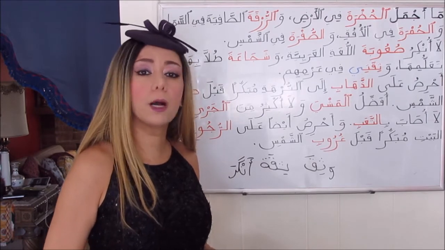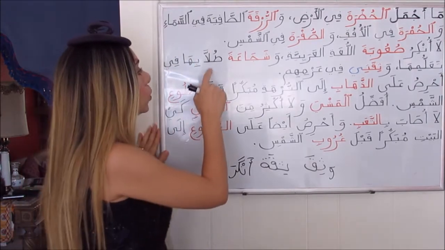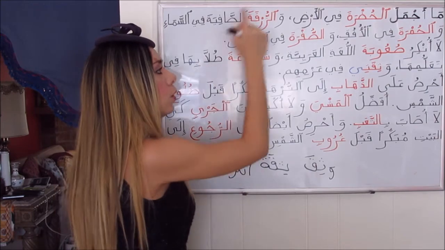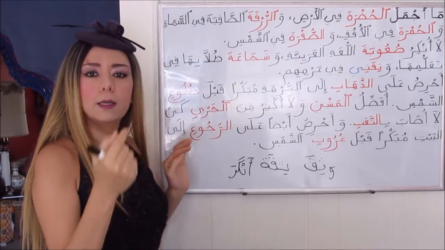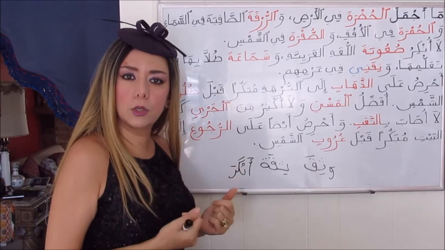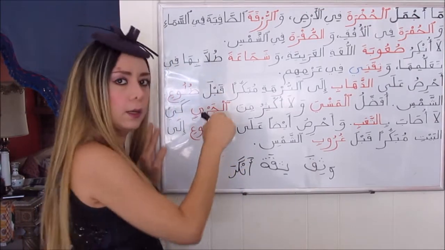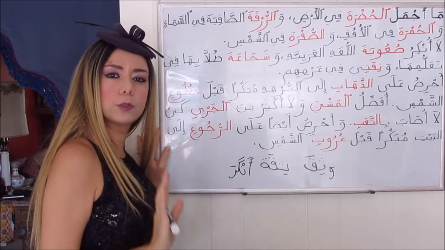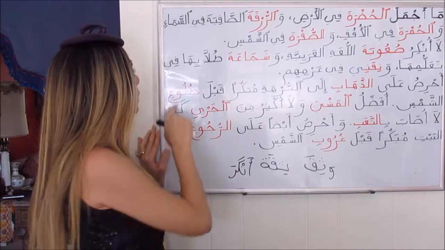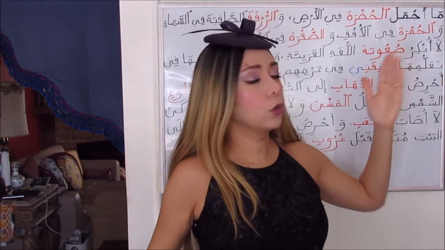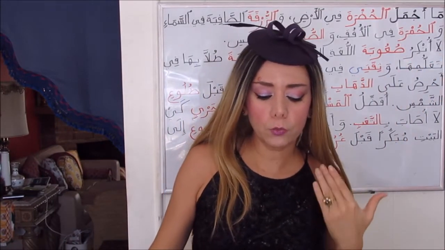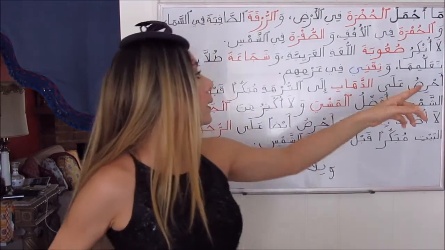We will learn more about them. So طلابها, the students of the Arabic language. And since اللغة العربية is a feminine singular noun, we will use ha referring to the third person singular feminine. في تعلمها. So I don't deny the difficulty of the Arabic language and the courage of the students for learning.